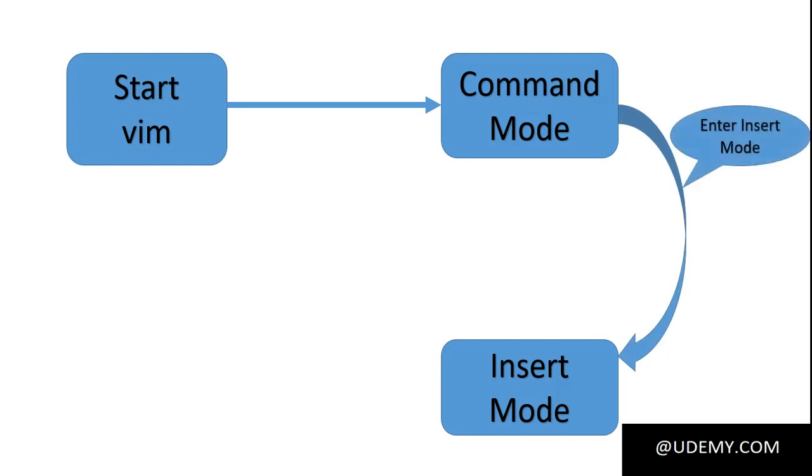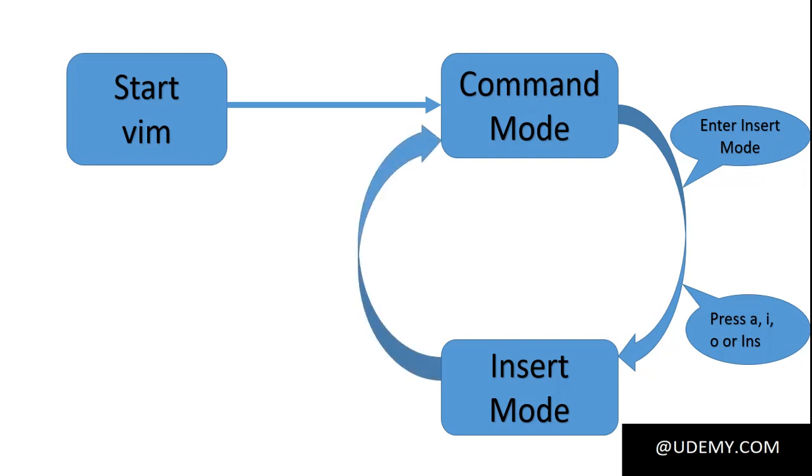You can get into insert mode by using A or I or O or the Insert button on your keyboard. A stands for append, I stands for insert, O is to open a new line, and the Insert key is the same as I. After getting into insert mode, you can type whatever you want, and then you need to get back to command mode by pressing the Escape key.